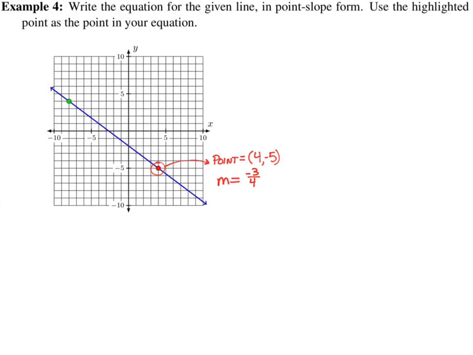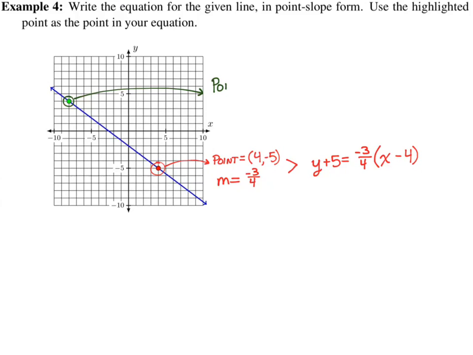You can kind of count down 3 and right 4, and you end up at another corner point. So the slope is -3/4. With that information, go ahead and write the equation of the line. Since the y value is -5, that means the equation turns into +5. The slope's -3/4. Then it becomes x minus 4.